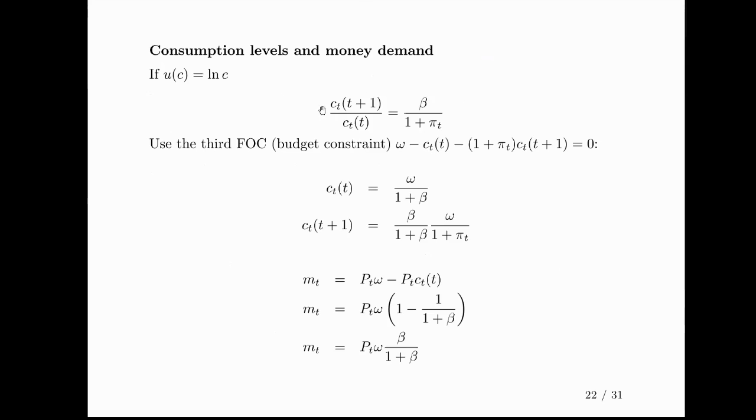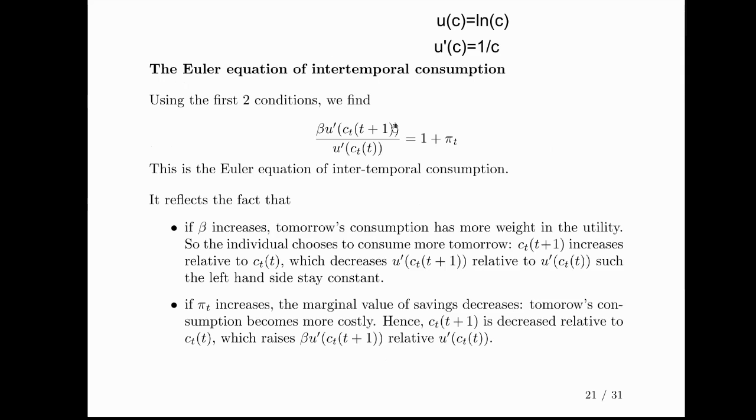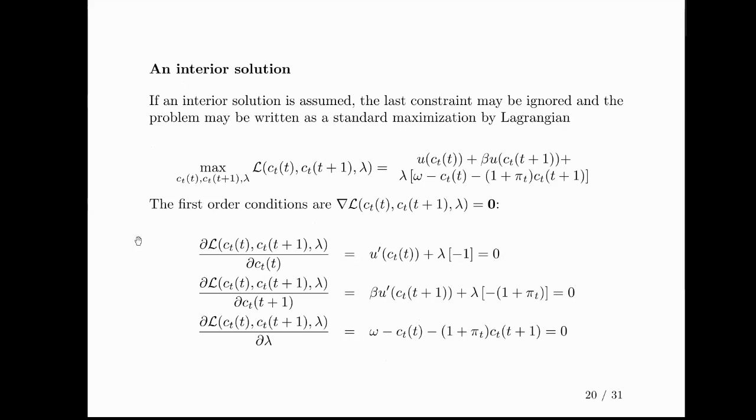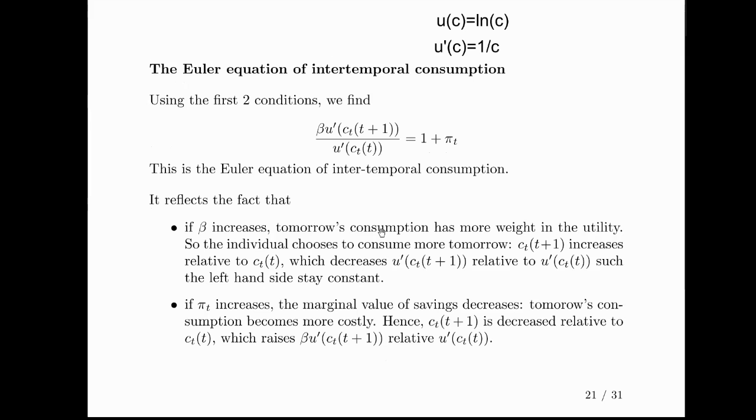So here I have that the ratio of consumptions equals beta divided by 1 plus pi_t. Again, all I've done: I solved this using a Lagrangian, and I used my two first order conditions to find this expression, which is the ratio of the marginal utilities in the present and the future, which I call the Euler equation.